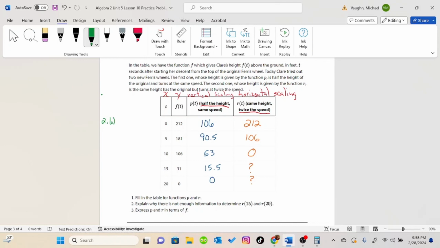For number 2, we would need f of 30 to find r of 15 and f of 40 to find r of 20. And we don't have those.